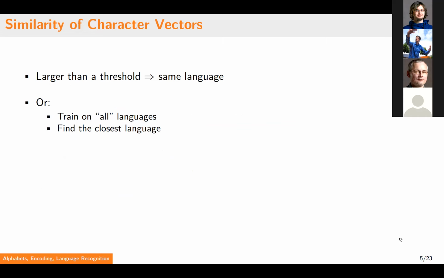You would have to test it for your concrete metric on data and see what seems like a reasonable threshold. The other possible approach is that you try something like training on all existing languages. Obviously, we will not have all the languages, if nothing else, then because we don't know what the exact list of languages in the world is.